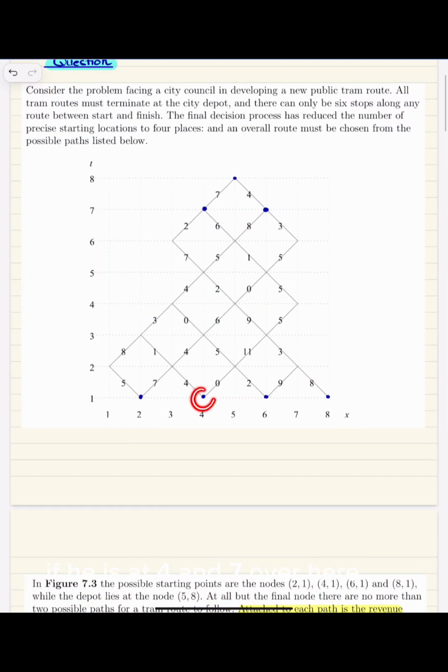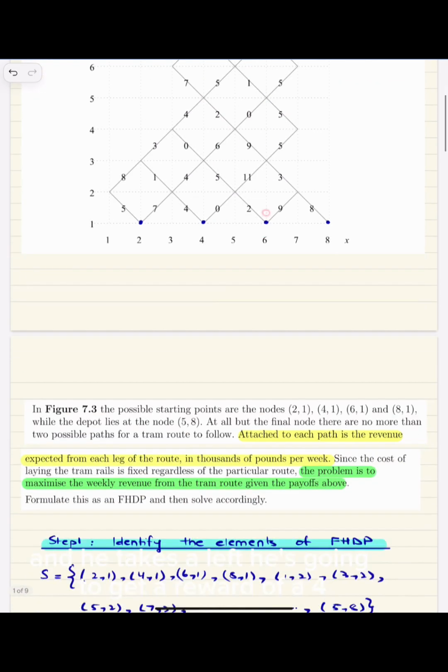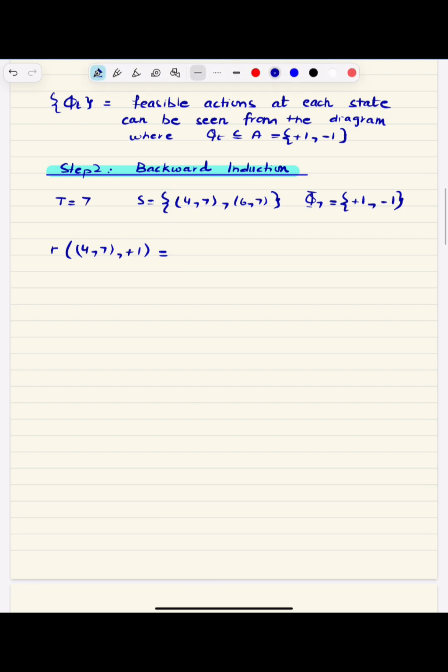If he is at 4, 7 over here and he takes a right, he's going to get a reward of 7. And if he is at 6, 7 and he takes a left, he's going to get a reward of 4. Remember that at 4, 7 there was only one option, to go right; there wasn't any option to go left.